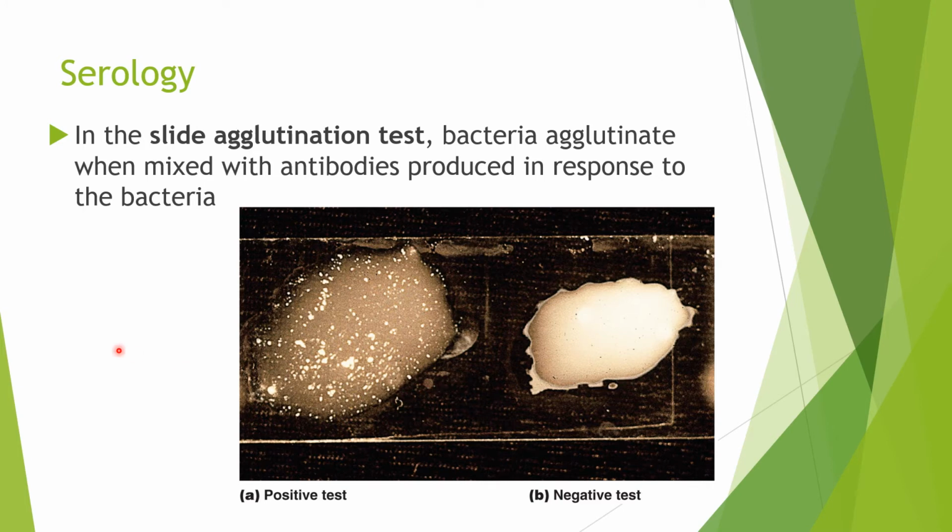So you can do it either way: put a known bacteria on the slide, then put the patient's serum and see whether the patient has antibodies against it, or you can smear the bacteria you got from the patient first, when you have no idea what bacteria they have, and then add known antibodies to it. And in both cases, if you have agglutination, that would tell you that this patient has this bacterial infection.